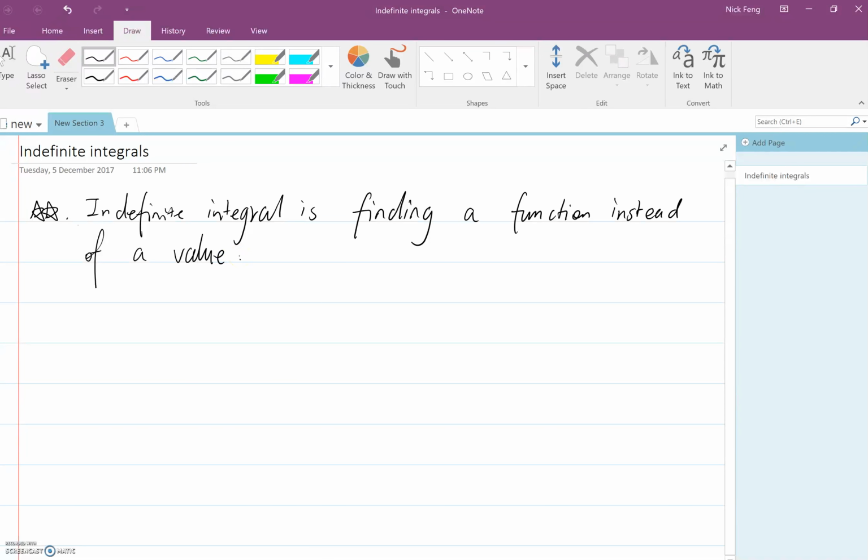So remember what we did before for definite integral. For example, integrating from 0 to 2 x squared plus x dx. I have the brackets on, girls. That equals x cubed over 3 plus x squared over 2, from 0 to 2.